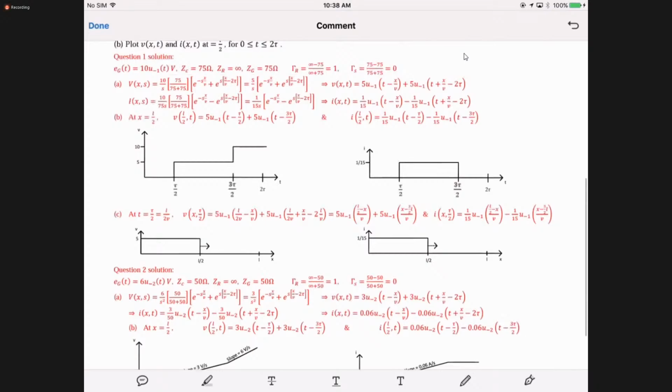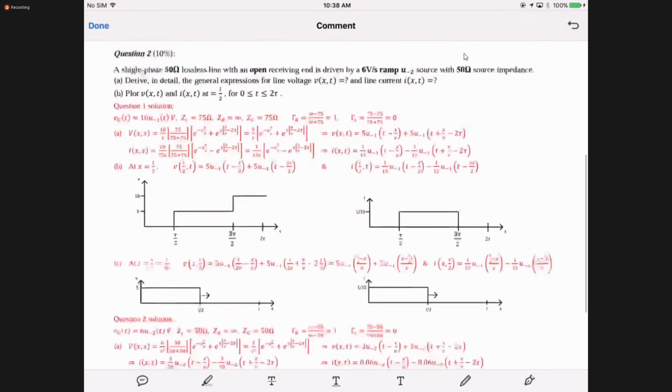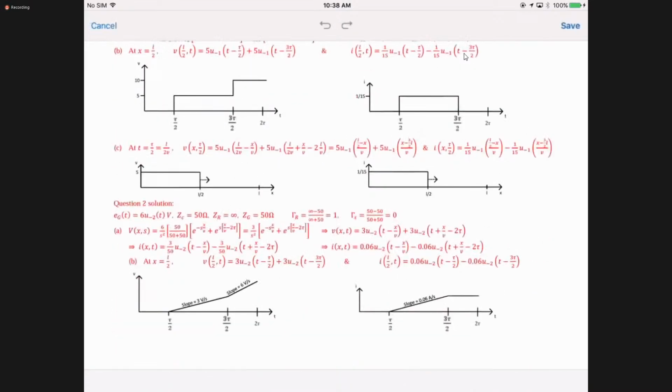The question asks you at the distance of L divided by 2, that means at the middle of the cable. So we take tau divided by 2 to start the ramp function.